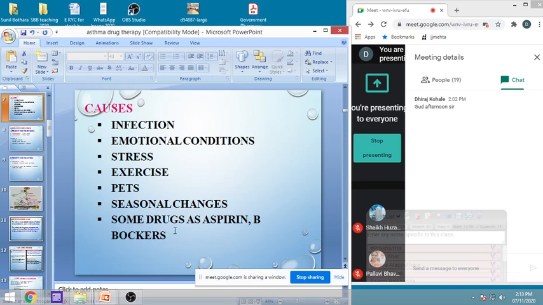What are the causes? It can be because of certain infections, it can be because of emotional conditions which trigger this inflammatory situation. This can be stress, exercise, pets, because dander is present, the dandruff or the small hairs from the pets. This can be seasonal changes, and some drugs like aspirin and beta blockers can cause it.